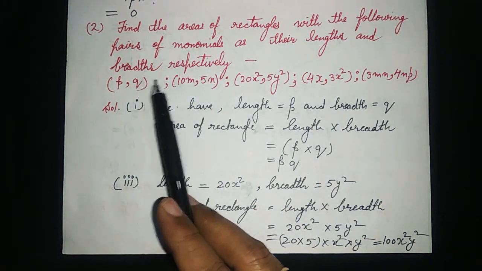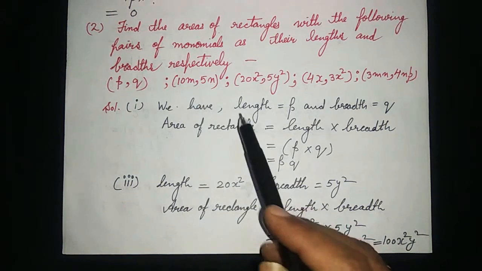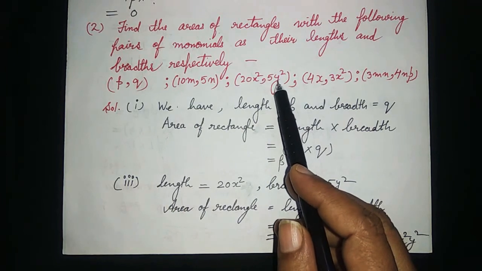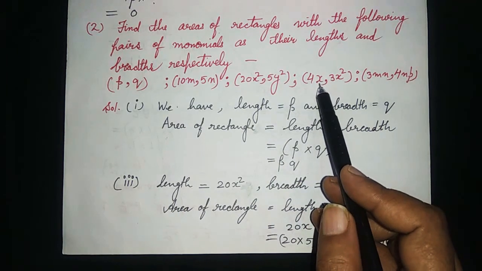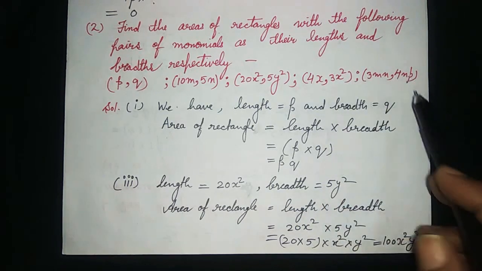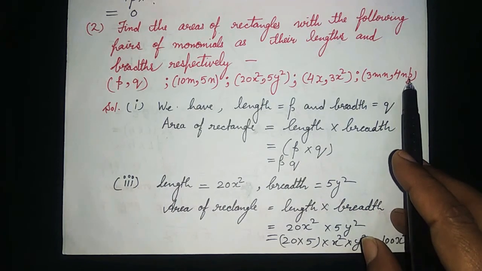The first is p, q. Second is 10m, 5n. Third part is 20x square, 5y square. Fourth part is 4x and 3x square. And the last part is 3mn and 4np.